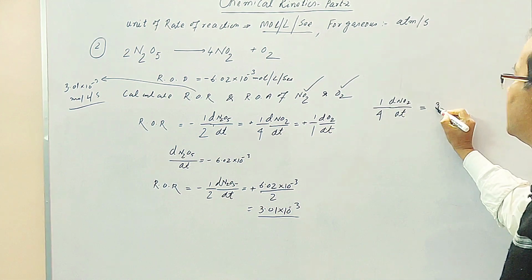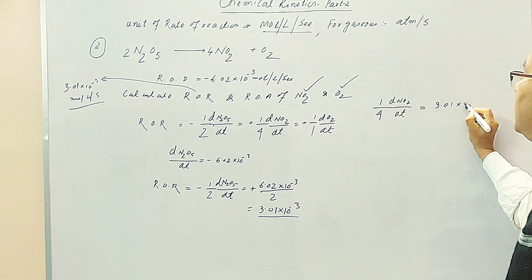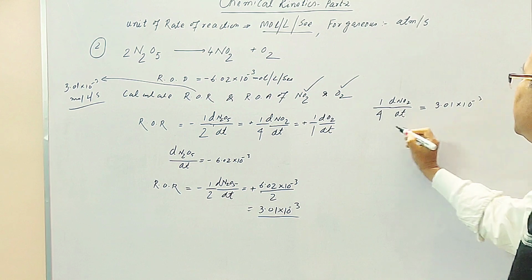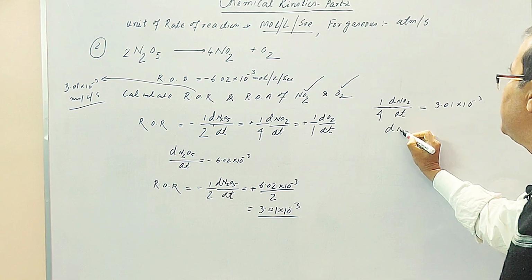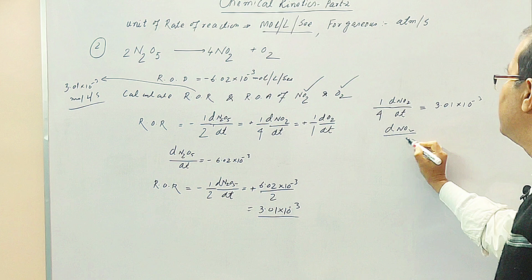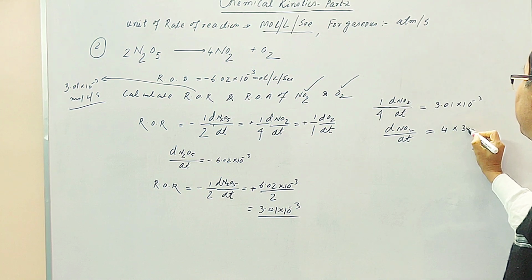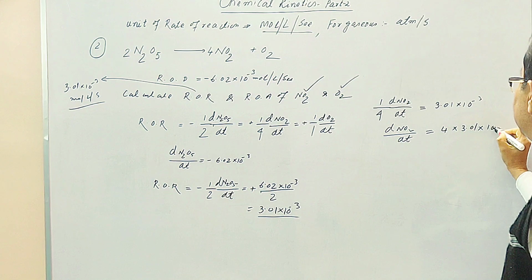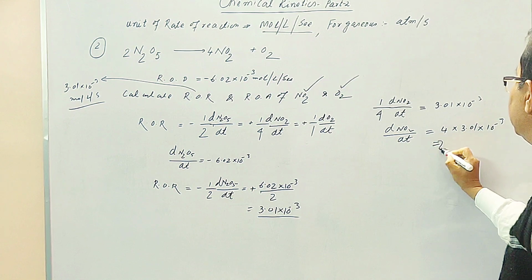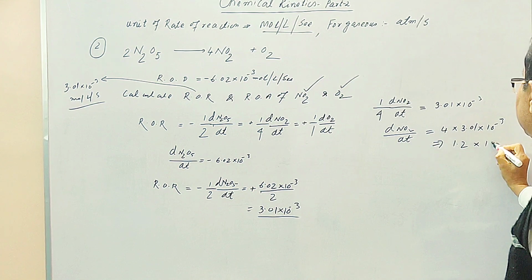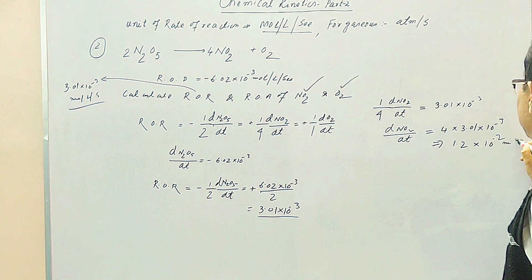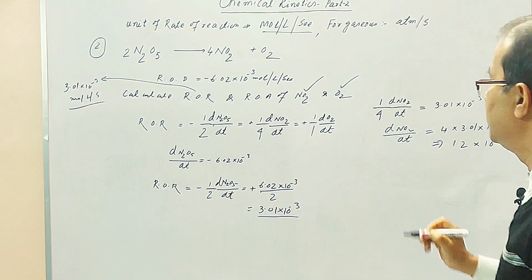So you can write 3.01 10 to the power minus 3. So you get d N2 by dt is equal to 4 into 3.01 10 to the power minus 3, and you get 1.2 10 to the power minus 2 mole per liter.